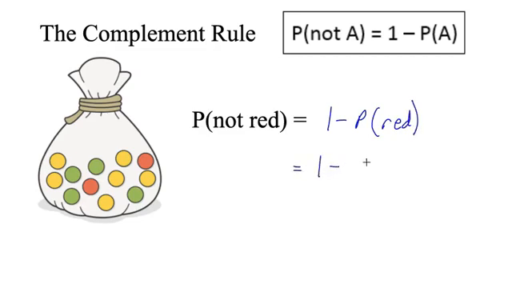So that would be 1 minus 2/12. Now 1 is the same as 12 over 12. So we have 12/12 minus 2/12, which equals 10/12. And we can divide both of those by 2, giving us a probability of not choosing a red marble of 5/6.